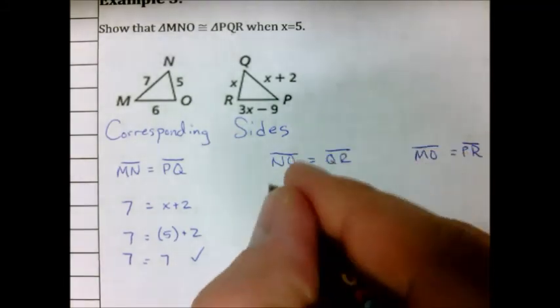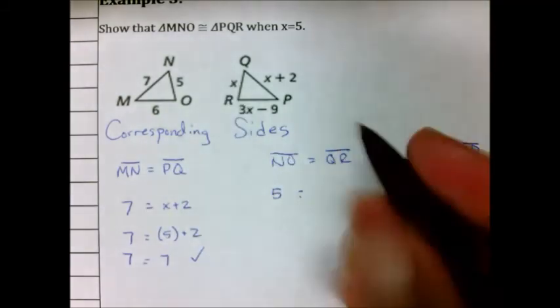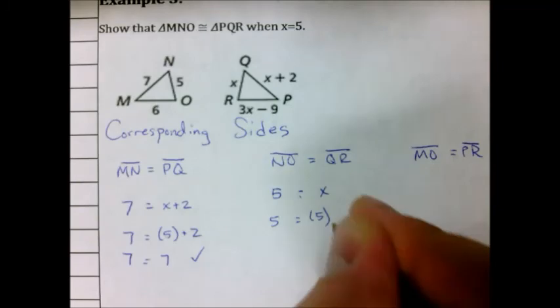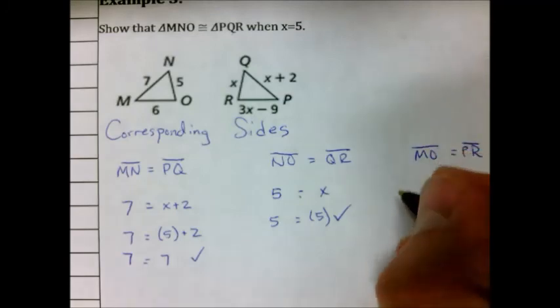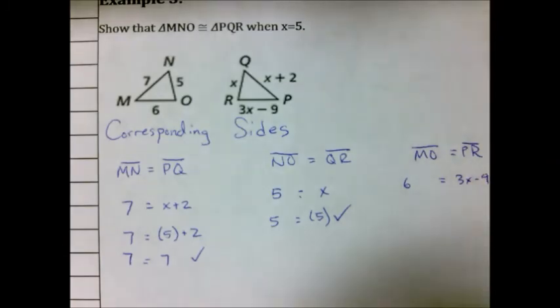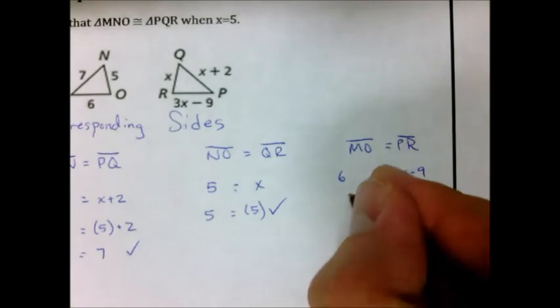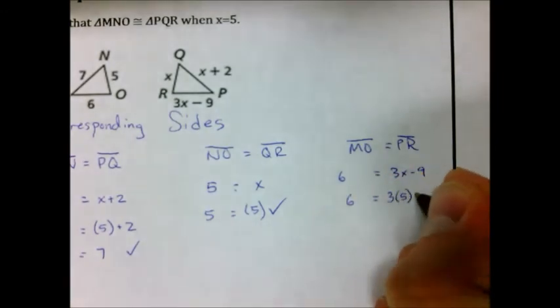So NO is 5, QR is x. Remember, x was 5. And that means that checks out. 5 is equal to 5. This last one, MO, is 6. That needs to be equal to PR, which is 3x minus 9. This is going to take a little bit more algebra here. We need to plug in 5 for x. So we have 3 times 5 minus 9.